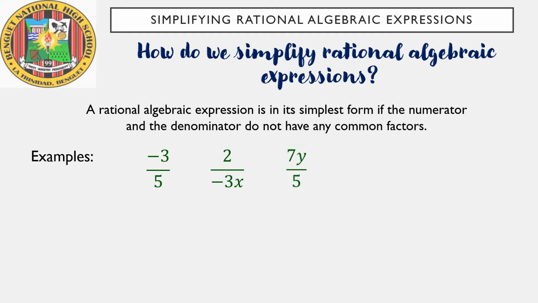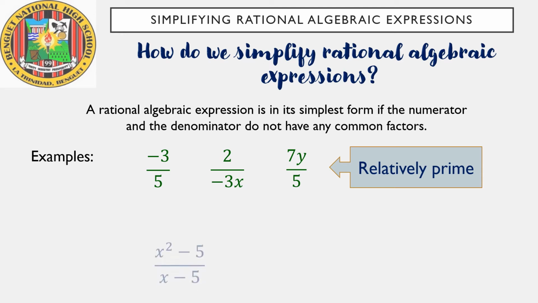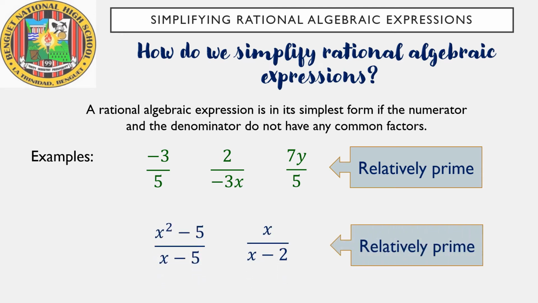If there are no common factors between the numerator and denominator of an RAE except 1, they are described as relatively prime expressions. Even binomials or polynomials should not have any common factors. And no, x is not a common factor in each of these expressions.